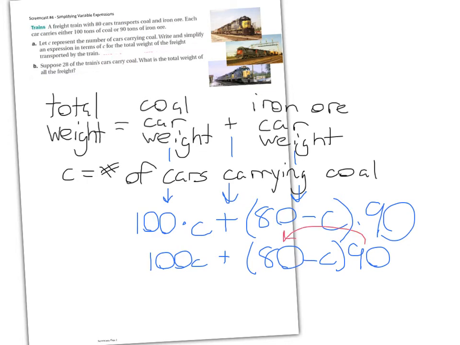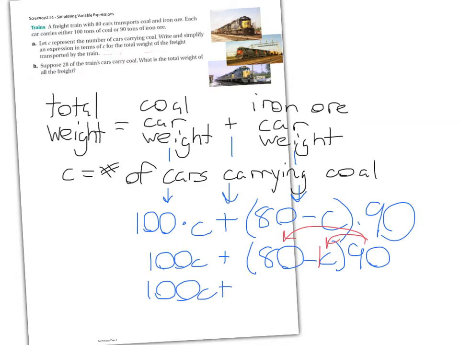Yeah, distribute that. All right, now keep in mind we're distributing it to this 80 and this minus C, which you are more than welcome to think of as negative C. Heck, you're more than welcome to think of it as negative 1C. Remember that phantom 1 might help us greatly. So let's see here. 100C does not change. Plus 90 times 80.